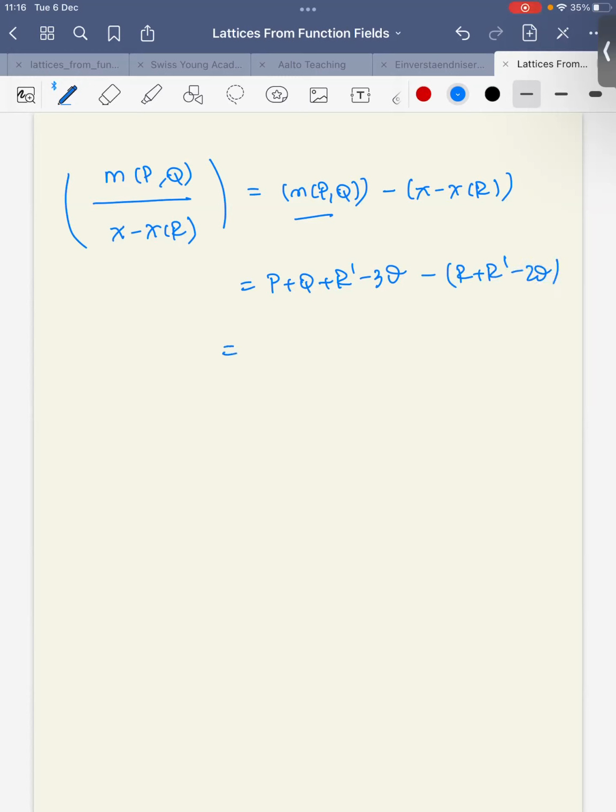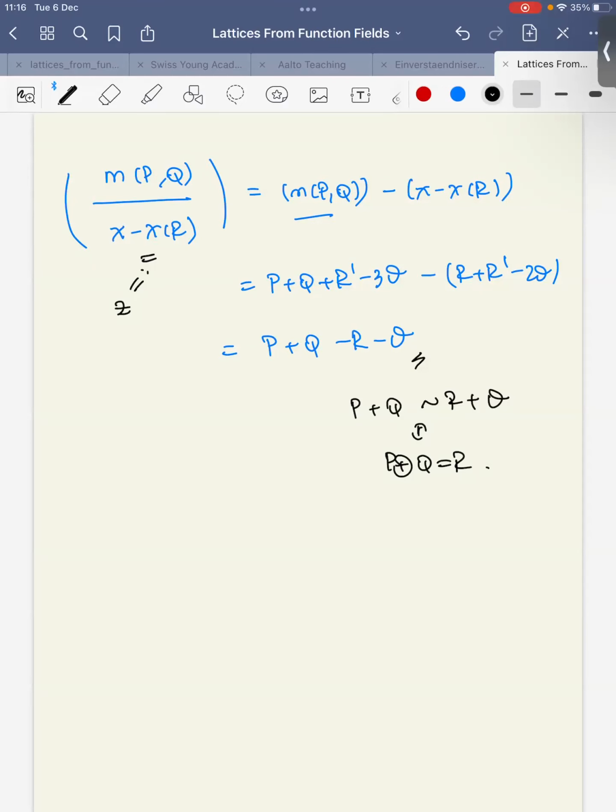By using the properties of the divisors, this is indeed equal to P plus Q minus R minus O. Indeed, this is the function Z, which gives us the equivalence of P plus Q with R plus O, and this equivalence, recall, gives us the addition on the set of rational points.